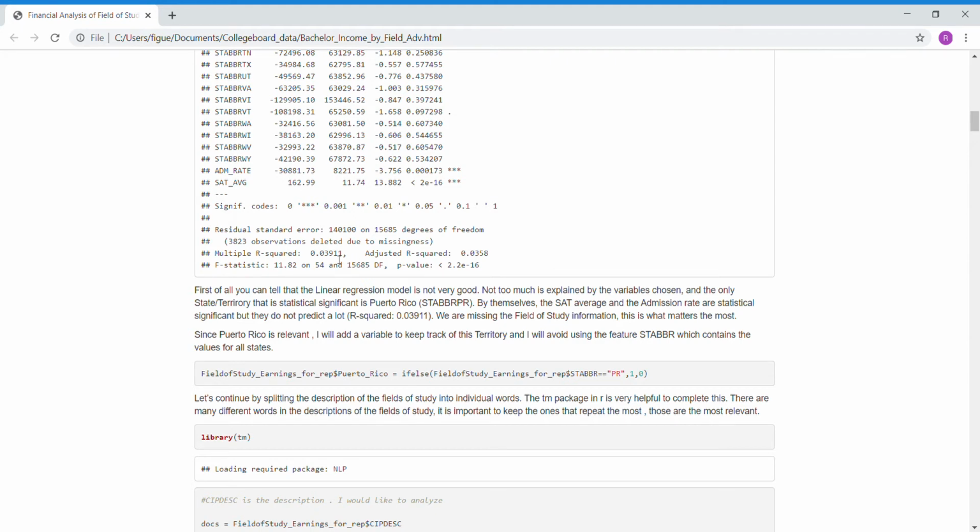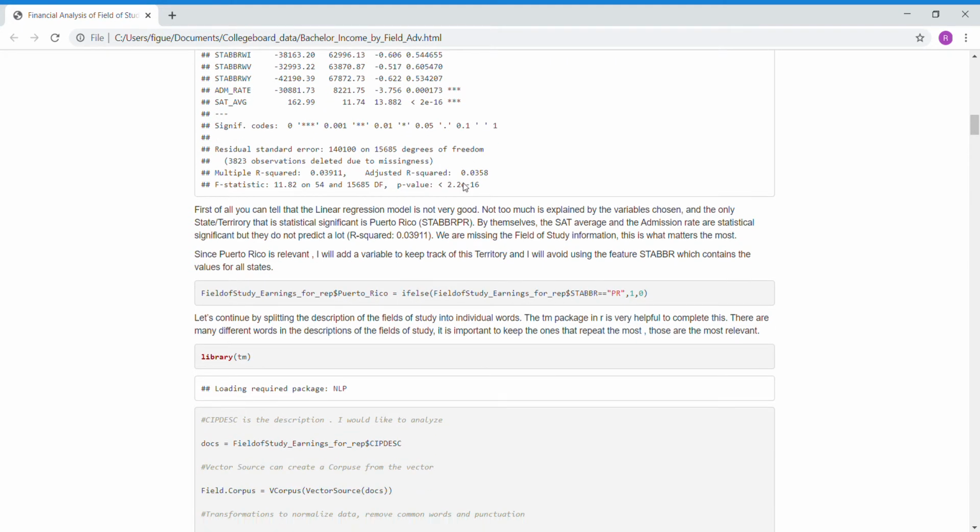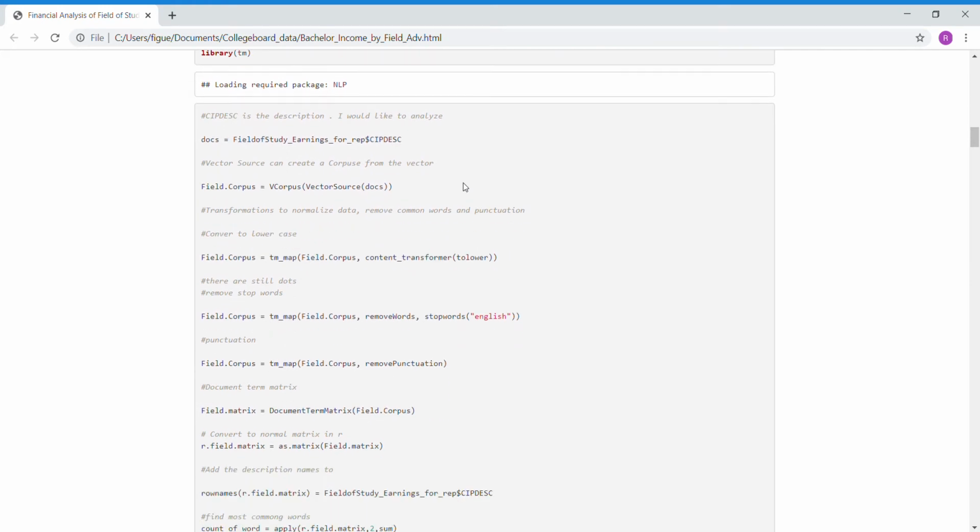So in other words, it doesn't predict too well the earnings or the future earnings over the next 10 years. Even though the admission rate into the institution and the SAT average are statistically significant, they really don't predict that much. Now, what that tells us is that probably the words in the field of studies have something to do or a lot to do with the potential earnings.